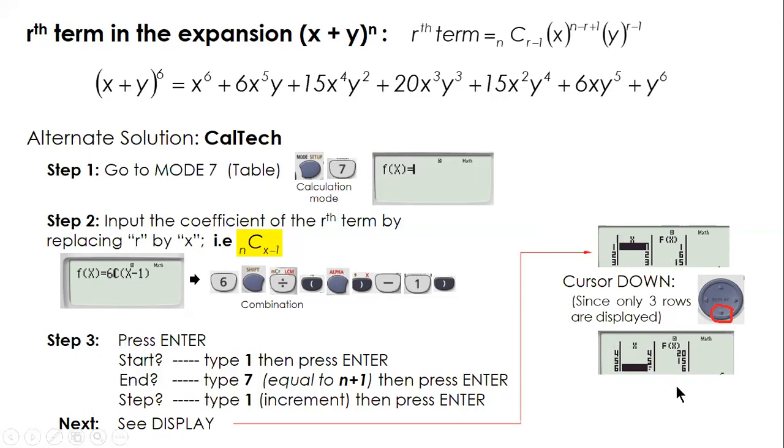And cursor down again, you have the seventh term equal to 1. That's enough. Okay? So even if the exponent is, let us say, 50, using the calculator, it's easy. Like, x plus y raised to 50, and then find the coefficient of the 26th term. It's easy. Just scroll down and look for the value of f of x at the 26th term.